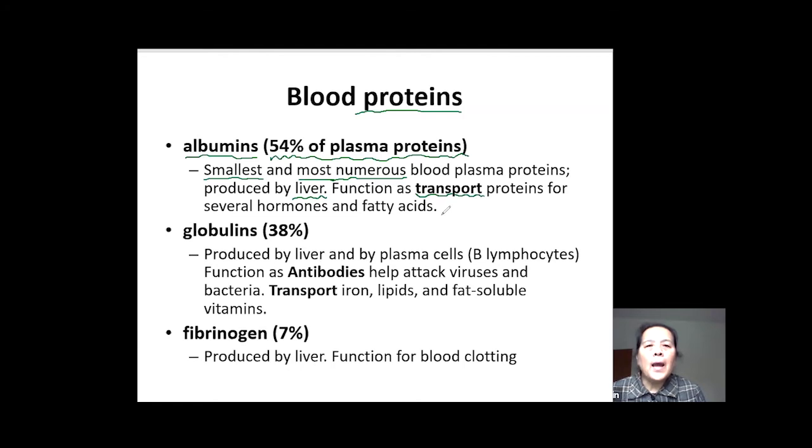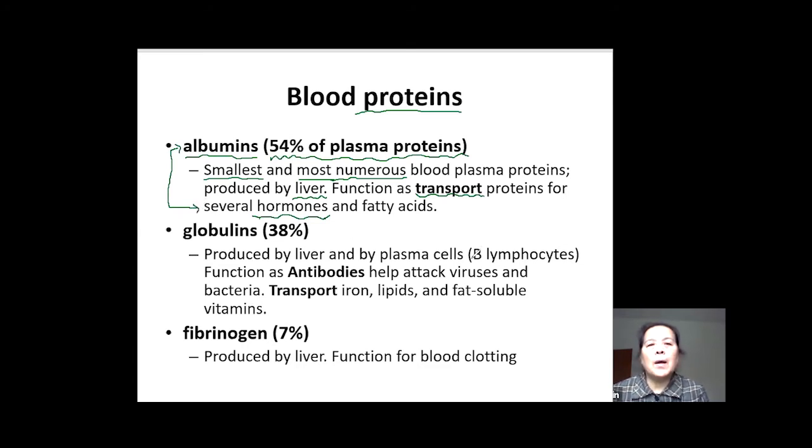Means they carry other stuff and transport it from one part of the body to another part of the body, like hormones. We say hormones relate to the blood circulation, but some hormones combine with protein together, then they travel in the blood circulation.